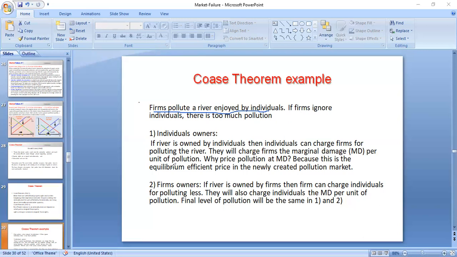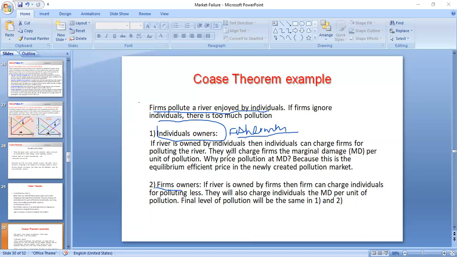For example, if the government assigned property rights to the fishermen, who are individuals using the river, then the fishermen would be the owners of the river, and it would be the farm that now has to pay the fishermen to allow it to pollute into the river.